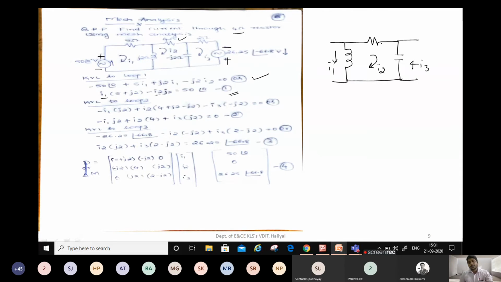So what we observed in the earlier DC mesh analysis: if you are in a particular loop, that loop current will always be positive.